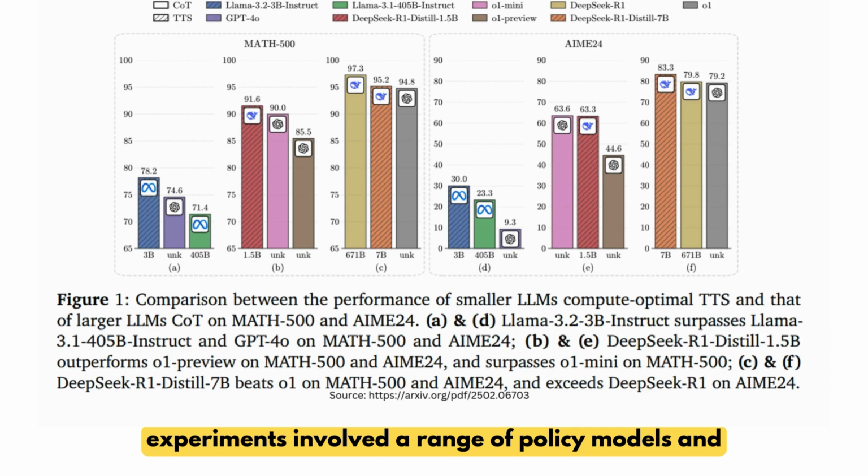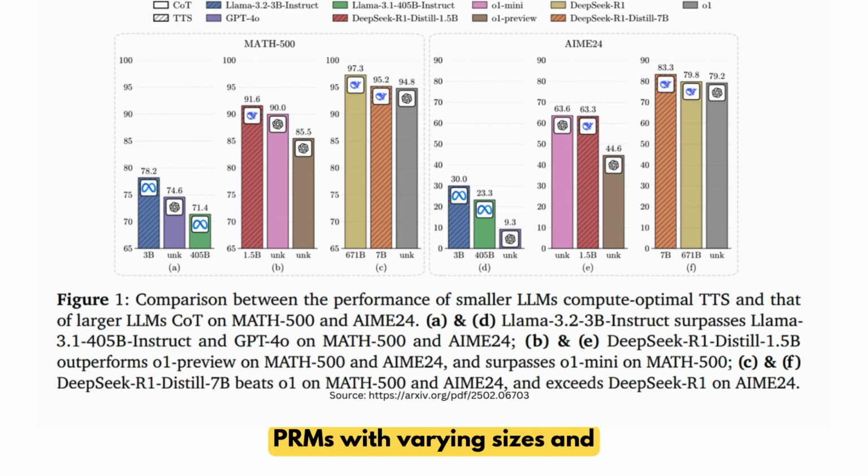The experiments involved a range of policy models and PRMs, with varying sizes and architectures. The policy models included LLMs from the Llama 3 and Qwen 2.5 families, while the PRMs spanned different model series with sizes ranging from 1.5 billion to 72 billion.